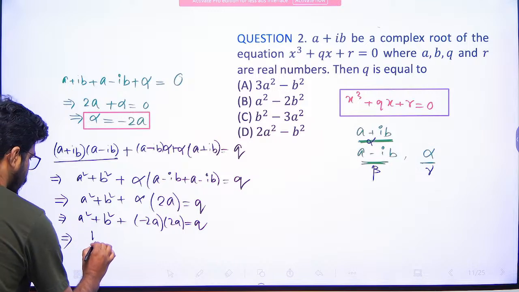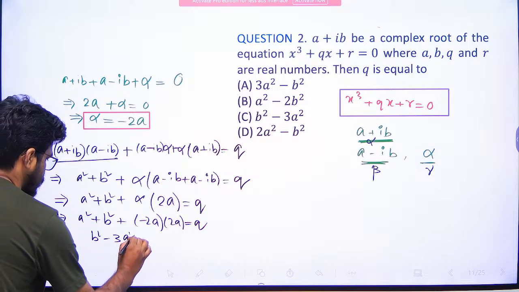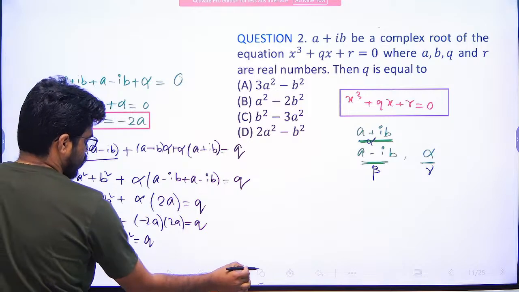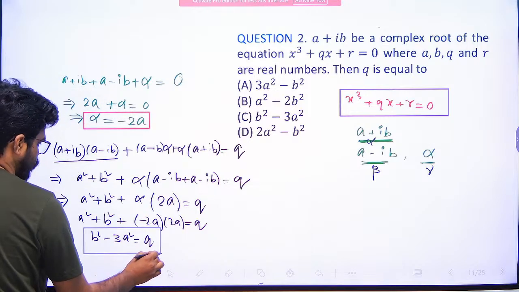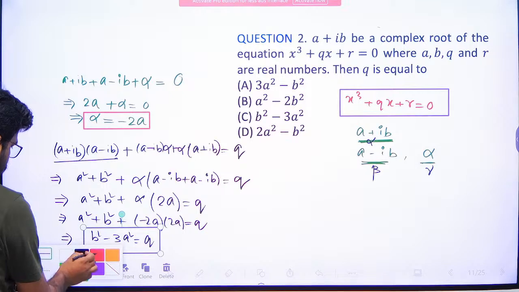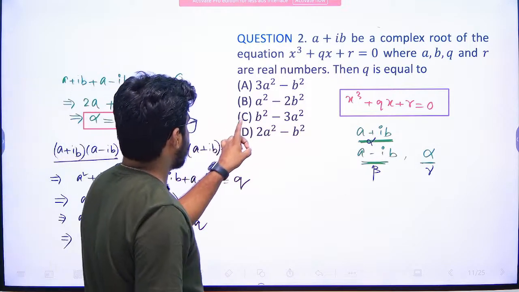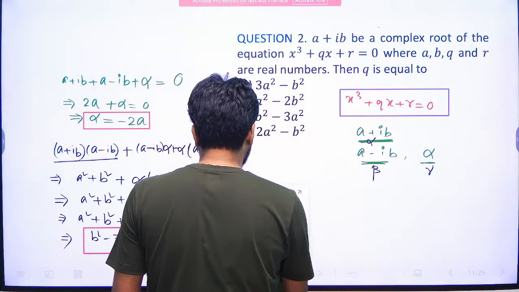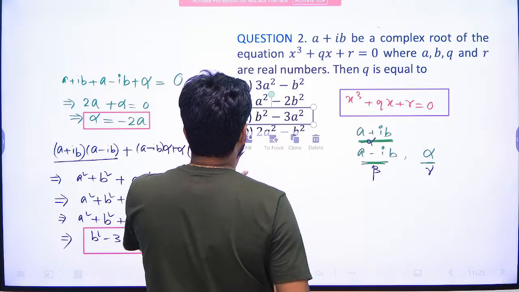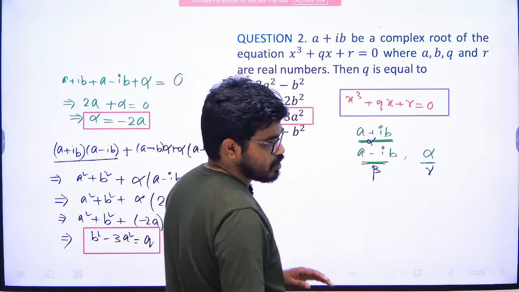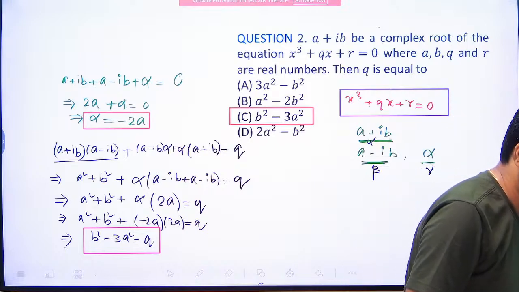So b square minus 3a square is equal to q. So the value of q is b square minus 3a square. So option C is the correct answer, right? Okay, option C is the correct answer.